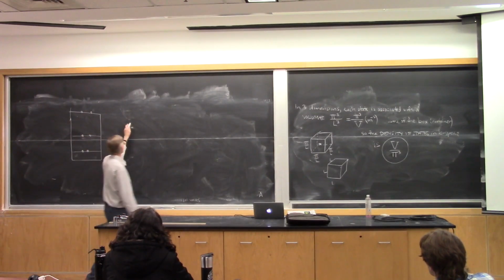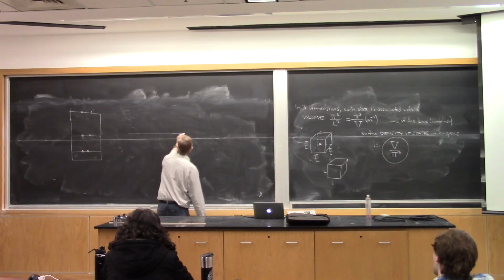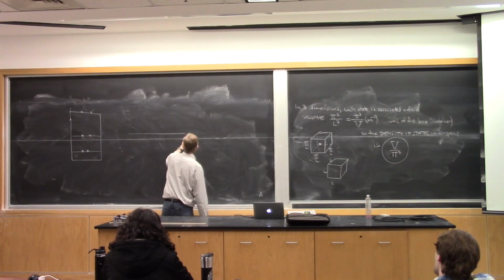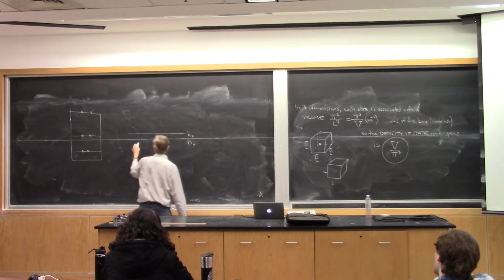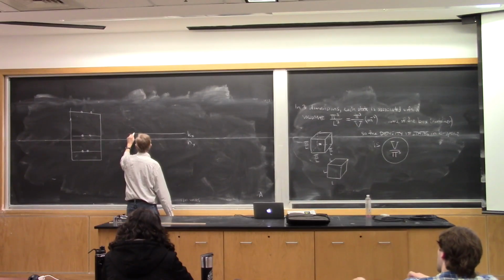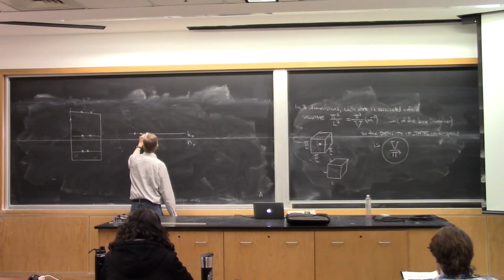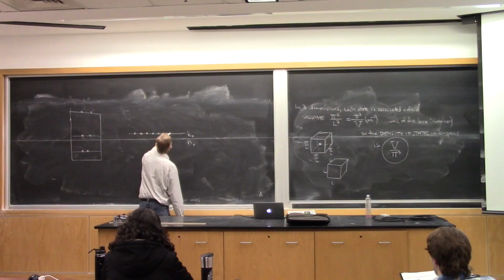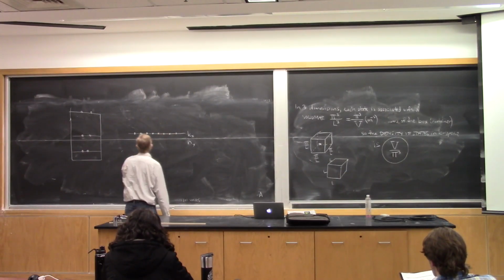I could just as well have said, in one dimension we've only got K sub x, or N sub x, if you will. So in one dimension, all we've got is the different K values that a particle can have.